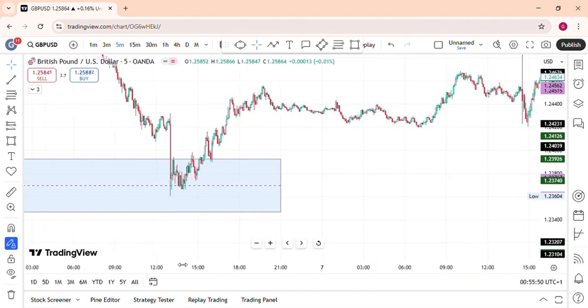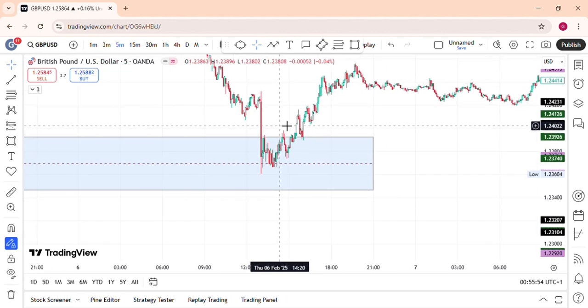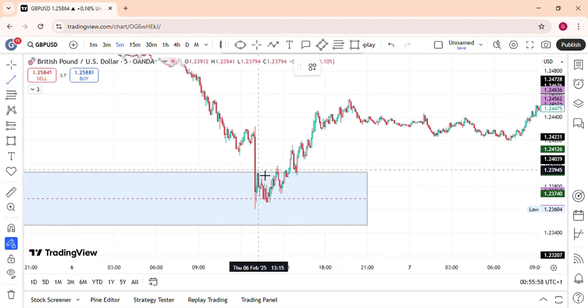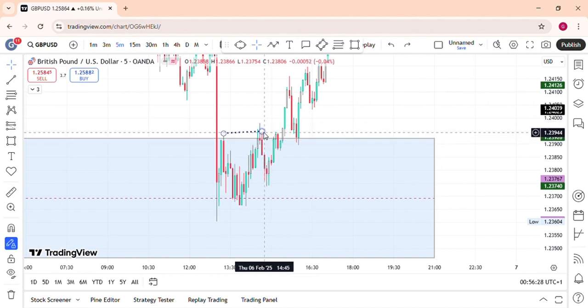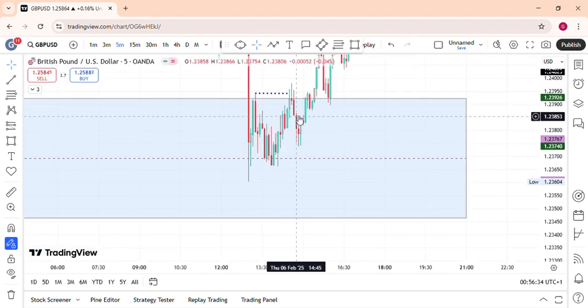So we actually have a break of market structure here, but it was not clear because it did not actually close above it. It's just weak. Aside from the fact that it did not close above this previous high, I did not see any fair value gap here, so I couldn't have taken that entry.